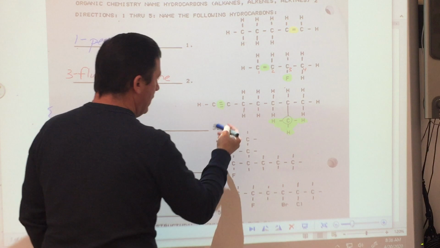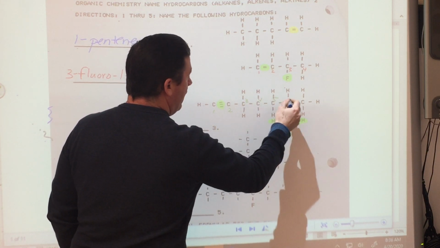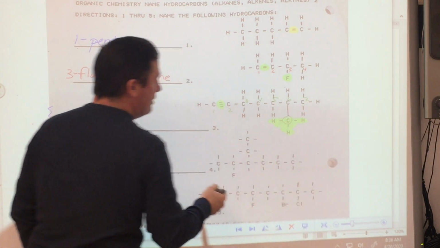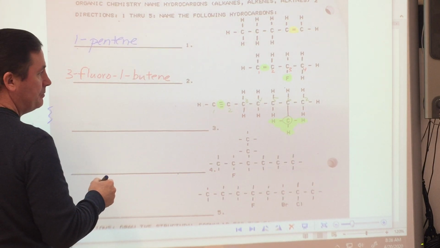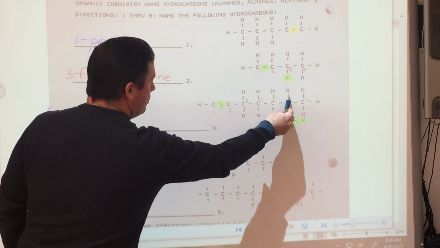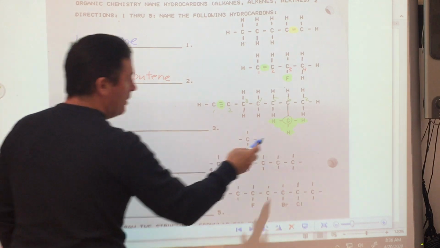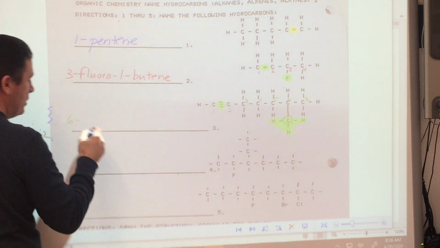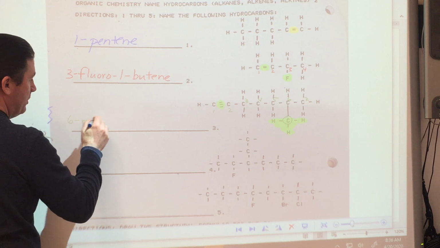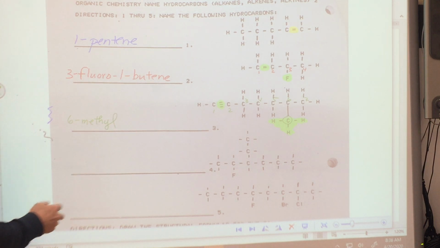So I have to number my carbons. 1, 2, 3, 4, 5, 6, and 7. That's my longest chain. So where's my substituent group? It's on number 6. So this is 6. And what is the group? One carbon is a methyl group. So that's 6-methyl.